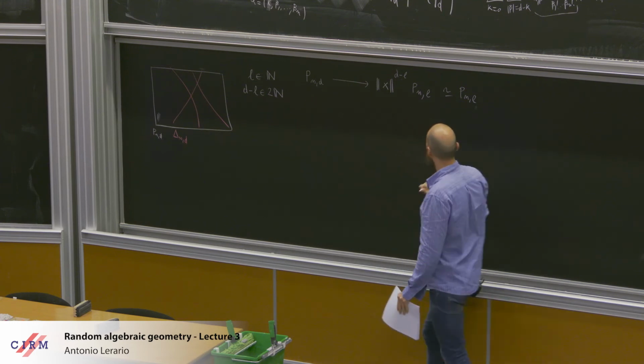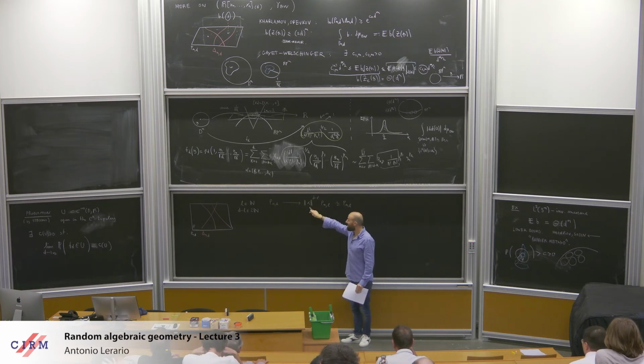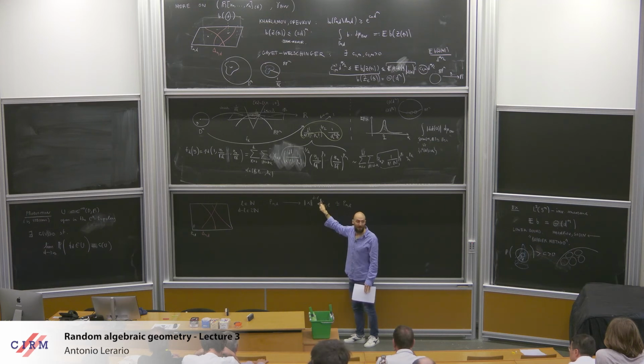And from the point of view of complex geometry, what we are doing is nonsense, because this has zeros in the complex projective space, but has no zero on the real projective space. So the zero set of a polynomial in here is detected by its part of degree L. Do you understand what I'm saying?